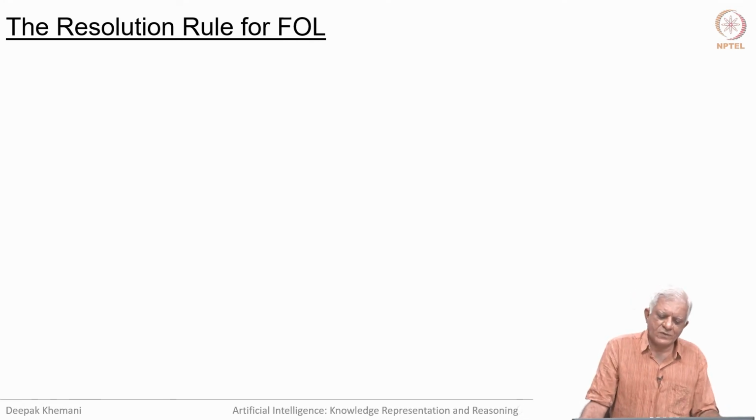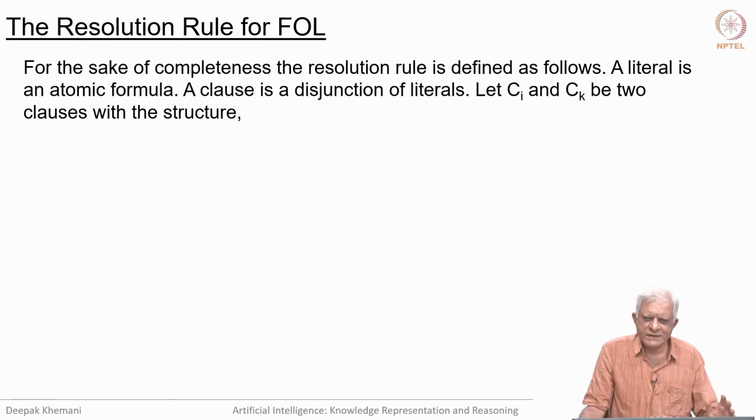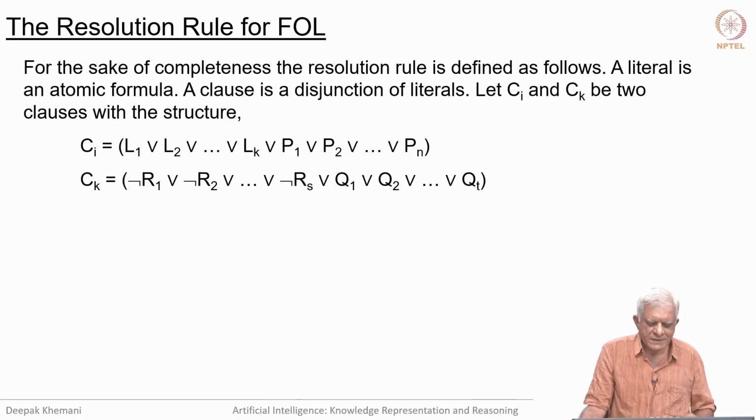What is the resolution rule for first order logic? For the sake of completeness, we assume that each clause can have multiple instances of the same literal with maybe different variables or different constants thrown into the picture.